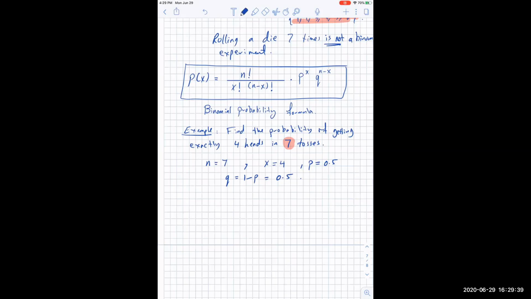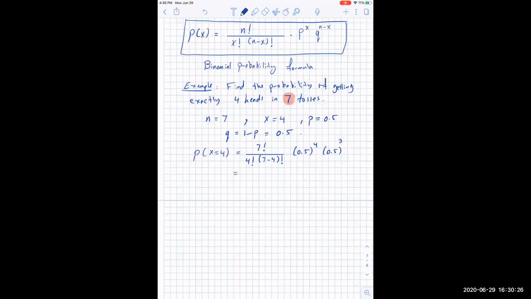So to find the probability of exactly 4 using the formula, 7 factorial over 4 factorial times 7 minus 4 factorial times 0.5 to the 4th times Q, which is also 0.5 to the 3rd power. 7 minus 4, 3.